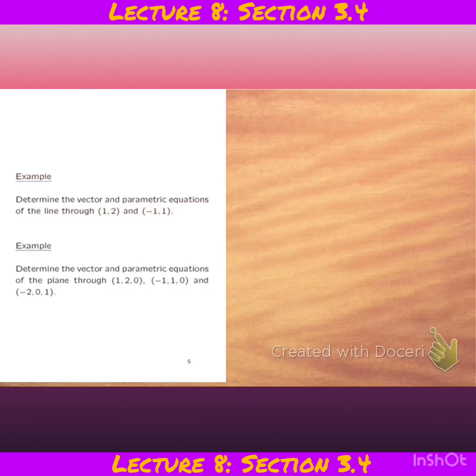All right, next we are asked to determine the vector and parametric equations of the plane through those 3 points. So we're given 3 points.